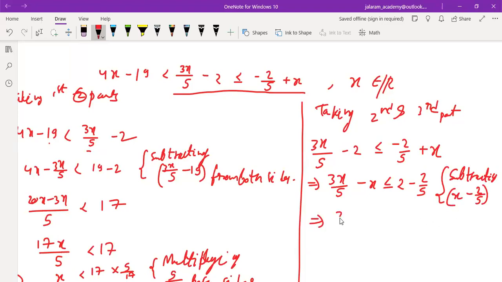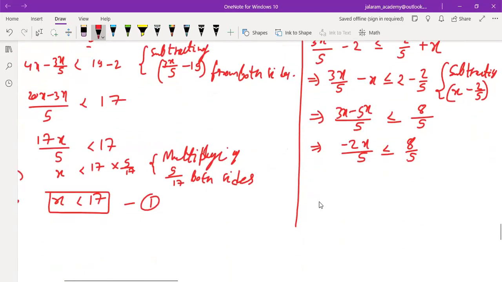It implies 3x minus 5x upon 5 is less than or equal to 10 minus 2, 8. So minus 2x by 5 is less than or equal to 8 by 5.